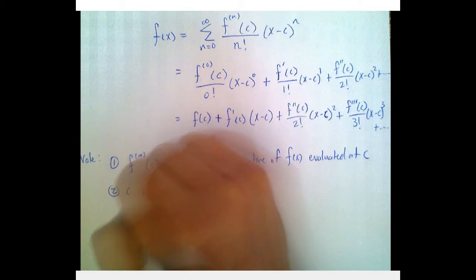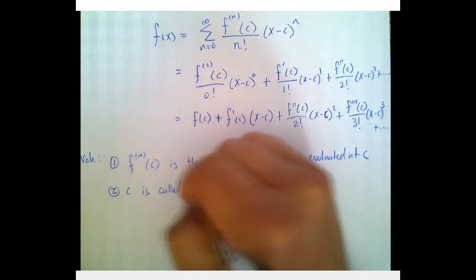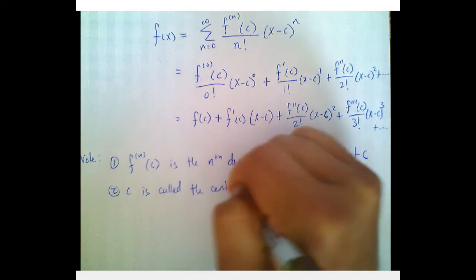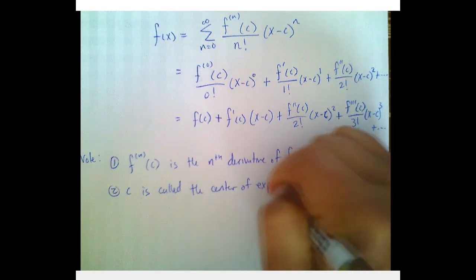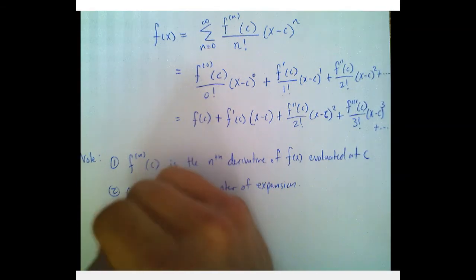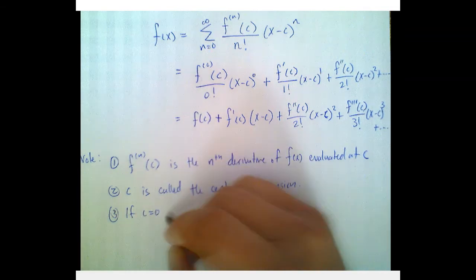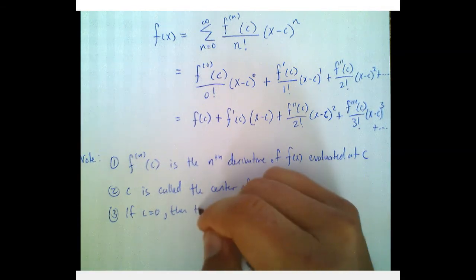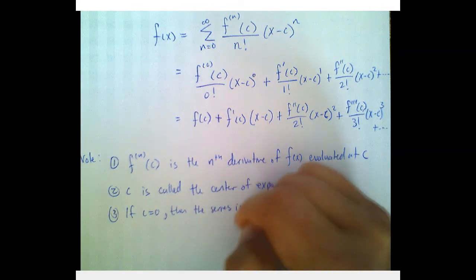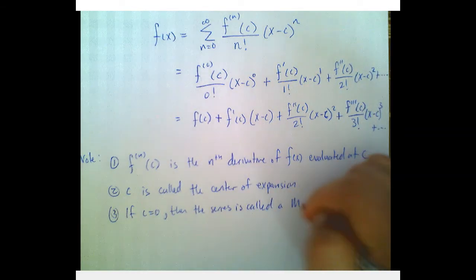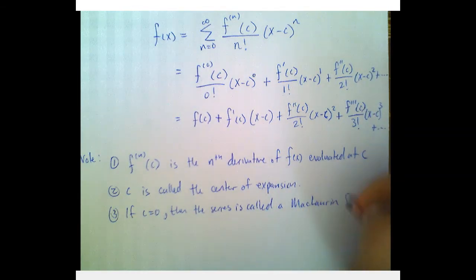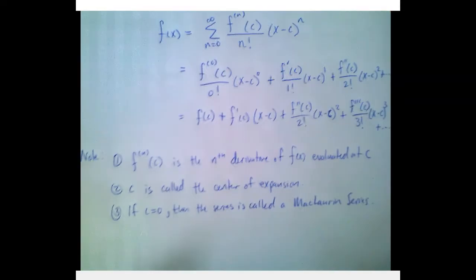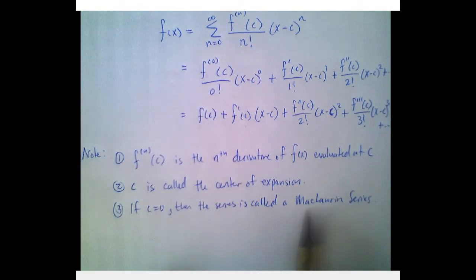C is called the center of expansion, and if c is 0, then the series is called a Maclaurin series. Okay. So only if c is 0, we have this special Taylor series, basically. Okay.